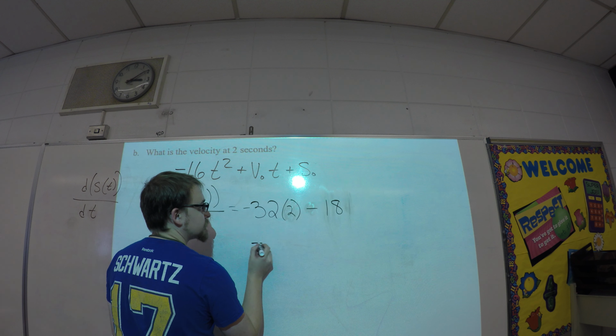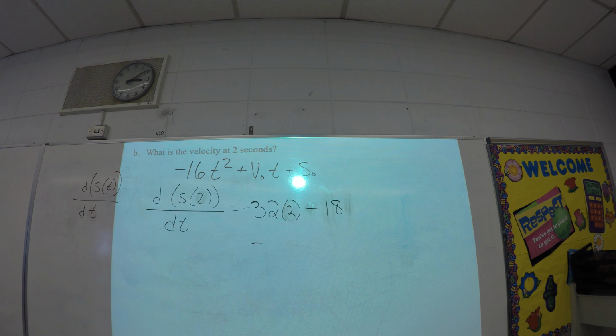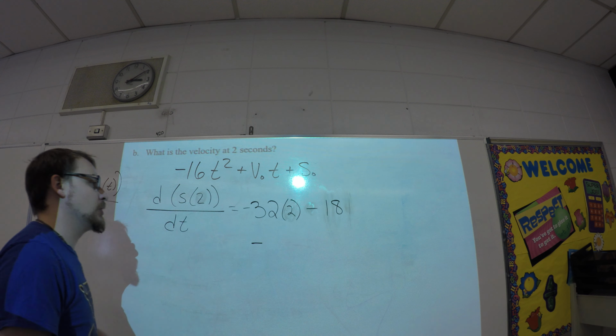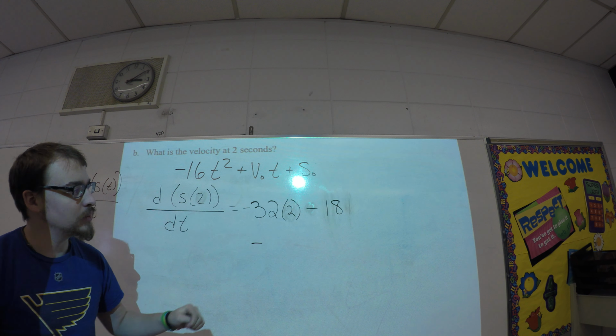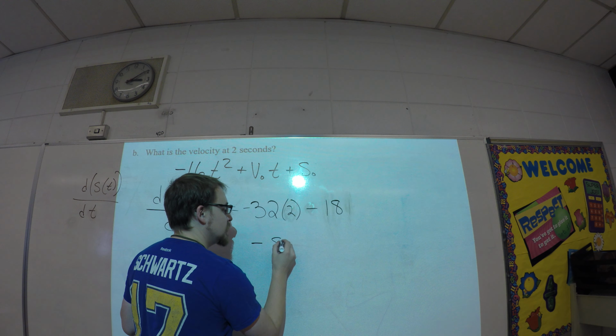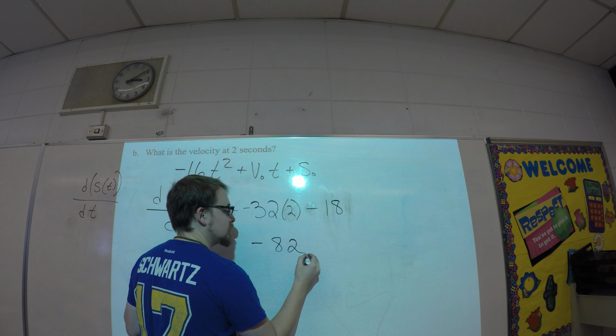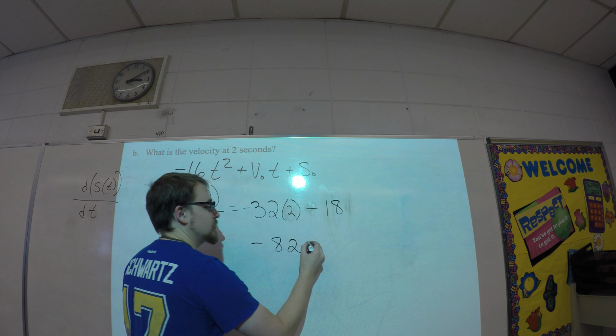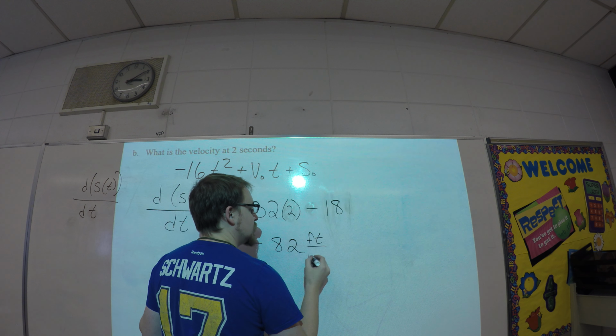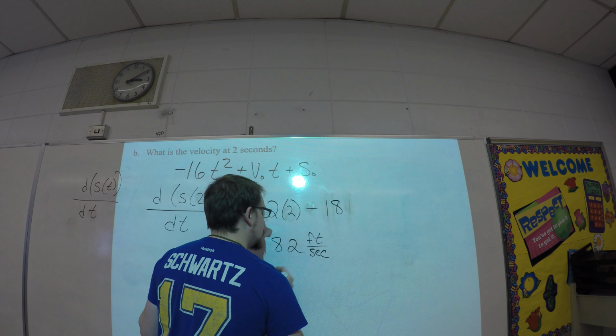That was from the original problem. It said our velocity was 18, but it's negative because we're falling. Okay, direction. So you get negative 64 minus 18, which is going to be negative 82 feet per second. And that's velocity.